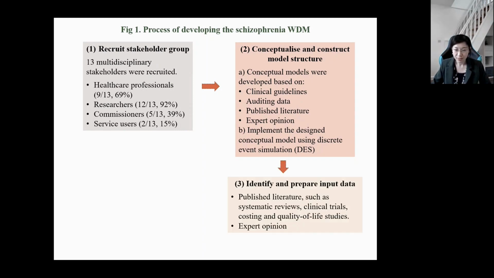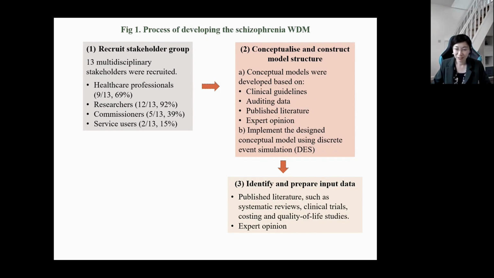The third step is to identify and prepare input data. I thought about using individual input data from the CRIS database. However, eventually, I decided to give up this idea, at least for my PhD, because at that time, I had already come across a lot of technical challenges just by building the schizophrenia whole disease model.